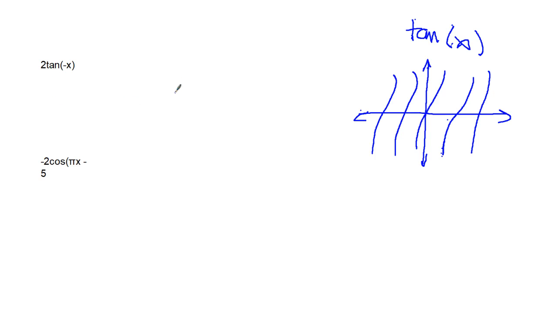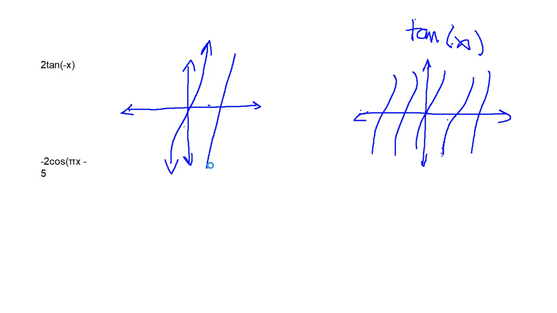So what's the graph of tan negative x? Well, if we put negative x in a function, just any old function f of x, if you put f of negative x in it, it will reflect upon the y-axis. So we have this y-axis right here. And then what does the 2 do? Well, the 2 just makes it more stretchy by 2, vertically.